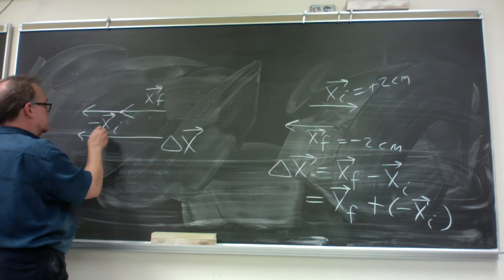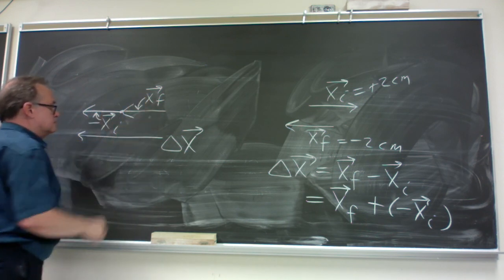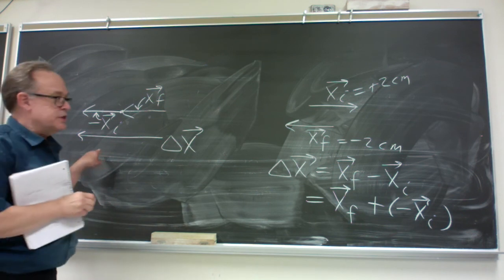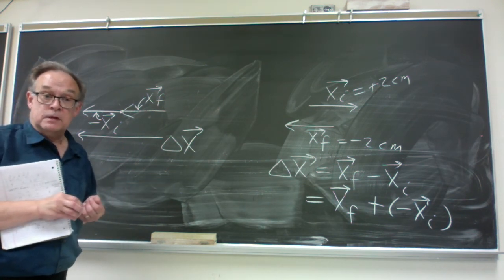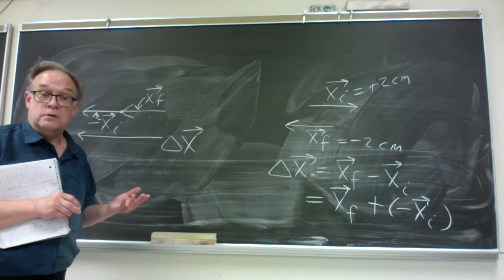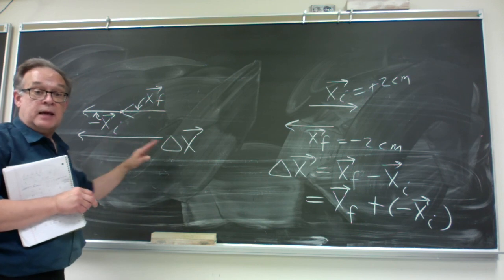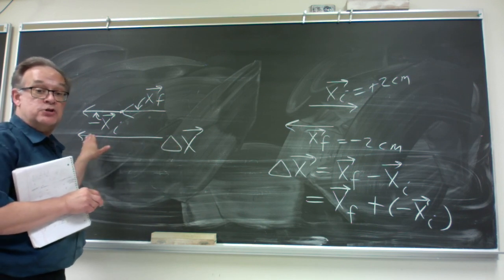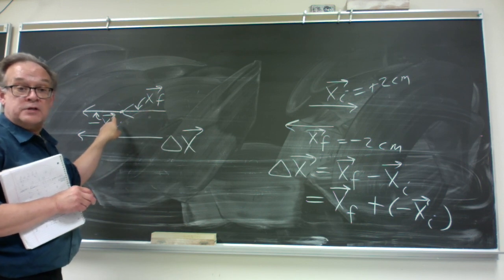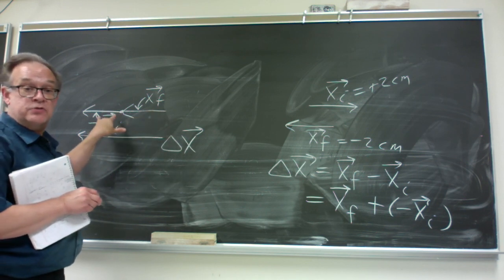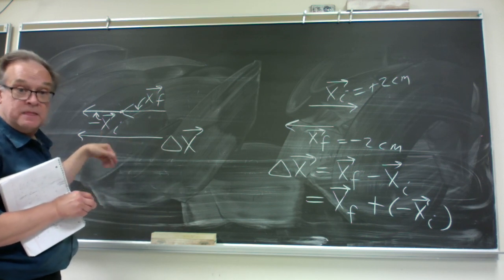So this is delta x, which points in the negative direction, as we saw. The value of displacement is minus 4, points in the negative direction, and its magnitude is twice the magnitude of this or this, because these both had magnitudes of 2, and this had a magnitude of 4.